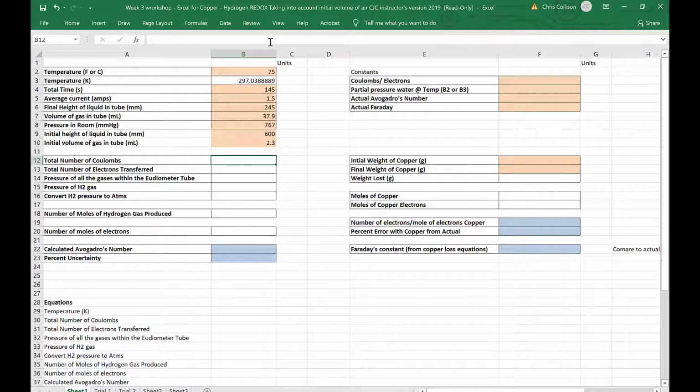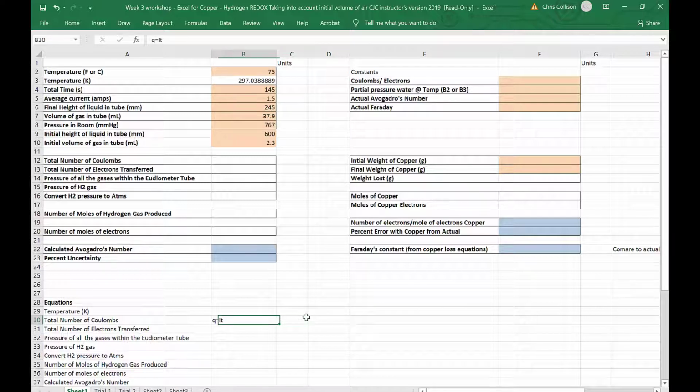Well, the first thing we're going to do is calculate the total number of coulombs that were passed through our cell. And this, as I've mentioned before, is simply equal to Q equals IT. So, for example, we can write down Q equals IT in here.